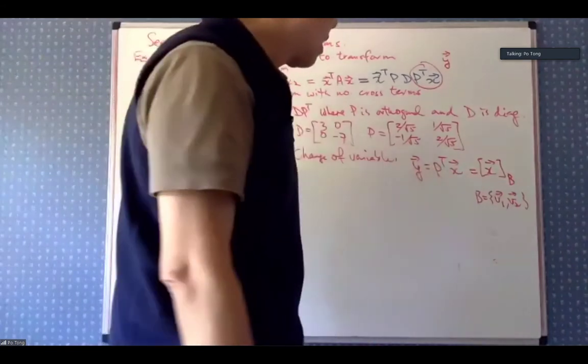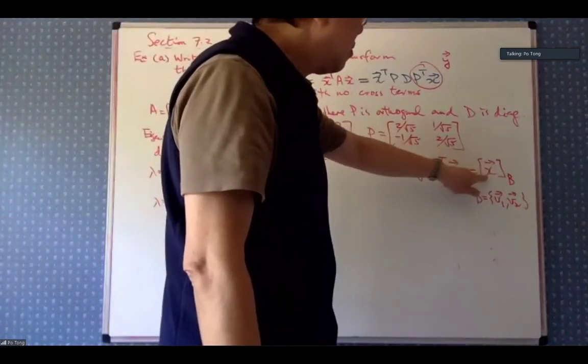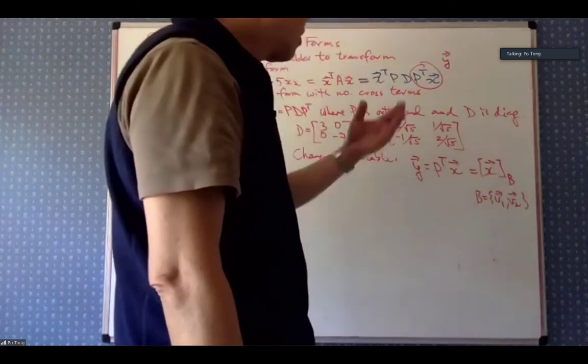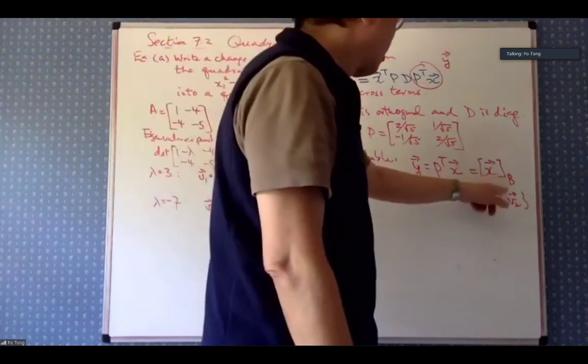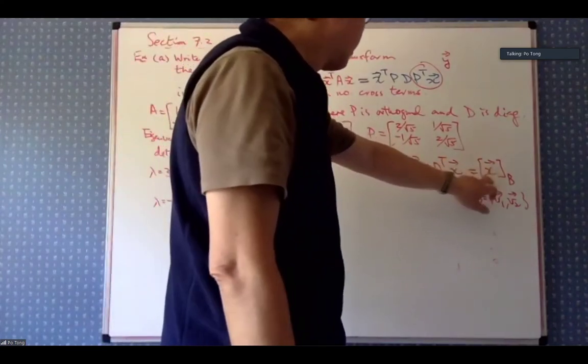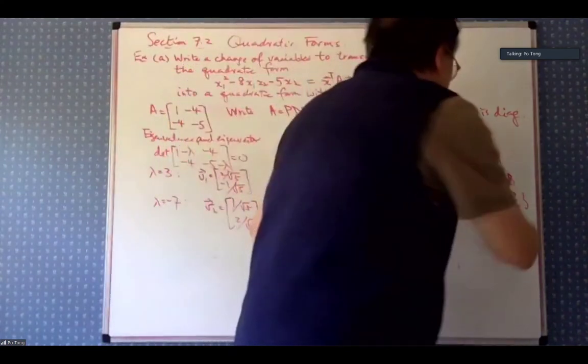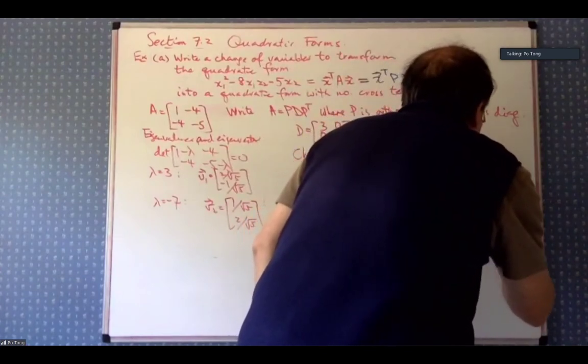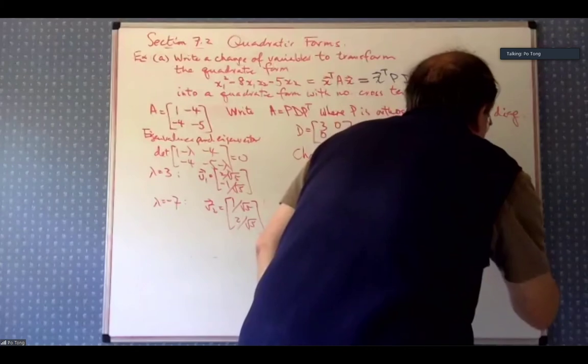Hopefully you remember that when I take a vector and want to find its coordinates with respect to B, I'm solving for this guy as a linear combination of these two guys.